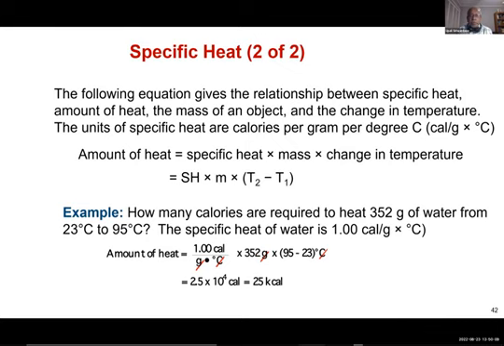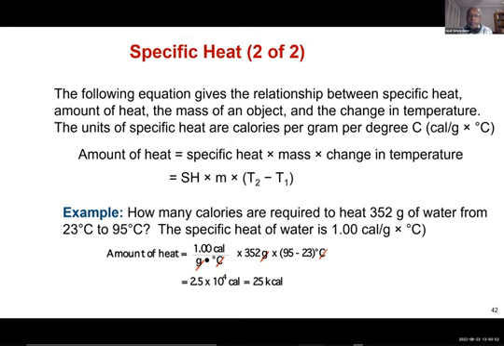T2 is final temperature. T1 is initial temperature. So specific heat is written down to calculate the amount of heat times 352 grams. In the problem, mass of water is 352. Then I substitute T1, 23, and T2, 95, because the temperature of the water increased from 23 to 95.